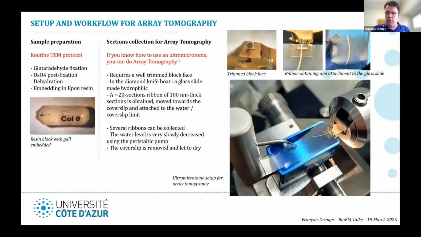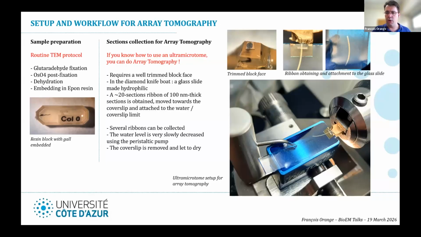One thing which could also prevent wrinkles would be a slow deposition of the ribbon on the glass slide when you decrease the level of the water. The section will be deposited very slowly and nicely on the glass slide, and possibly you can have a little bit of stretching there which can remove a few of the wrinkles.